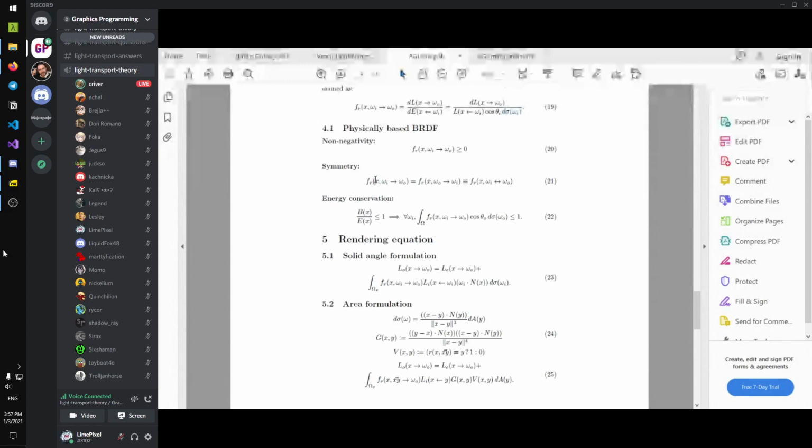Even if x is 3D, in reality you index some texture to find out the color or whatever. So it's actually 2D. This x is technically a 3D point, but it corresponds to a 2D point in your surface. So that's 2 dimensions. Then you have 2 dimensions for the incident direction and 2 dimensions for the outgoing direction. So that makes it a 6-dimensional function. I think that's clear.